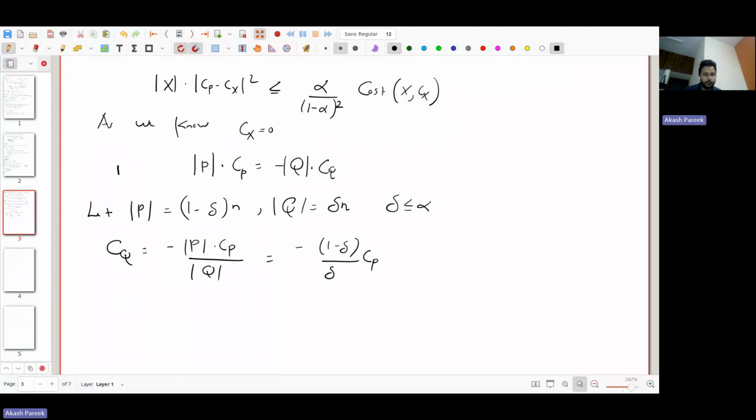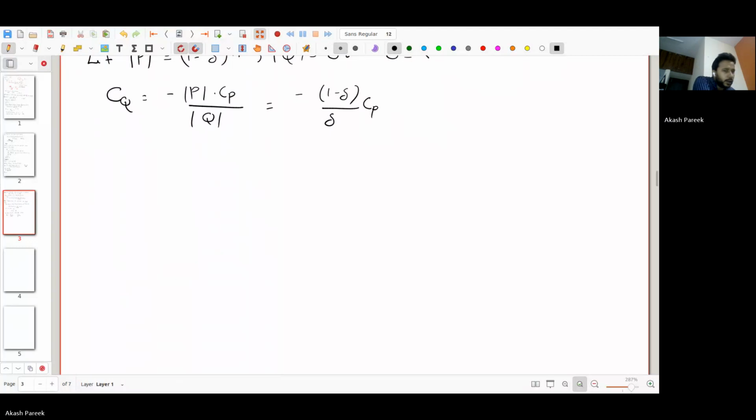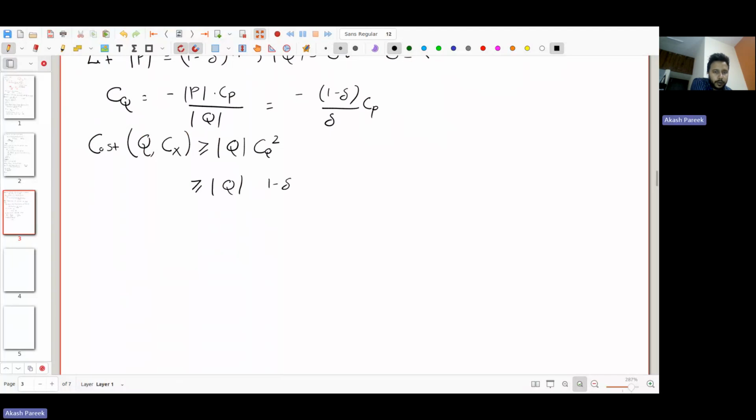And now, as the cost of Q on CX is greater than the cardinality of Q times CQ squared, if we just plug in the details, we know this to be (1 minus delta) square times CP square, and if we plug in the cardinality of Q to be N delta, we'll have N times (1 minus delta) square by delta times CP square, right?